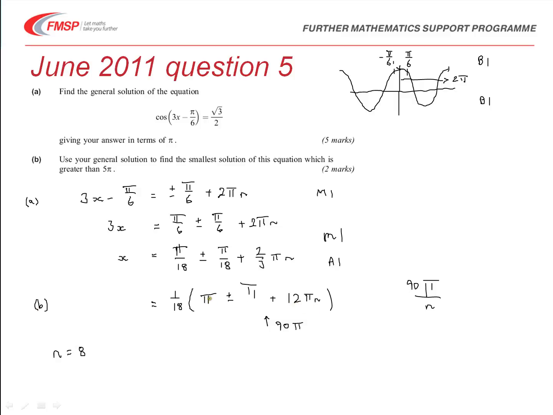And then the smallest one will be pi minus the pi there for that to cancel out. So this will give us a solution of 96 pi over 18. And if we divide through by 6, that is going to give us 16 over 3 lots of pi.